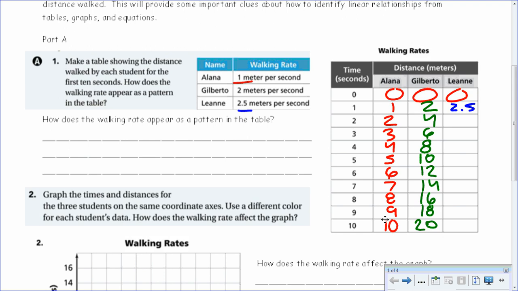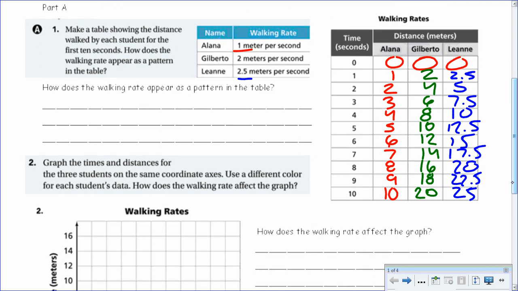So if we go on from there, it'll be 5 meters in 2 seconds, 7.5, 10, 12.5, 15, 17.5, 20, 22.5, and 25. So at 10 seconds, Leanne's going to be walking 25 meters.